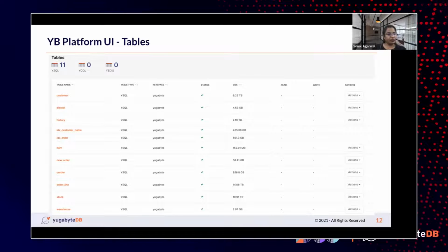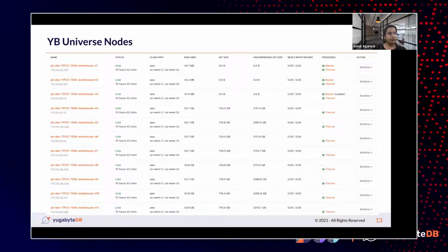After that, the next is the nodes tab, which is also one of the UI tabs that we have for the universe. This nodes UI shows us different information about the nodes, like the processes running on the VM. For the first three nodes, we have the master as well as T-servers running, but these T-servers are disabled, so they are not hosting any data in the SST file size.